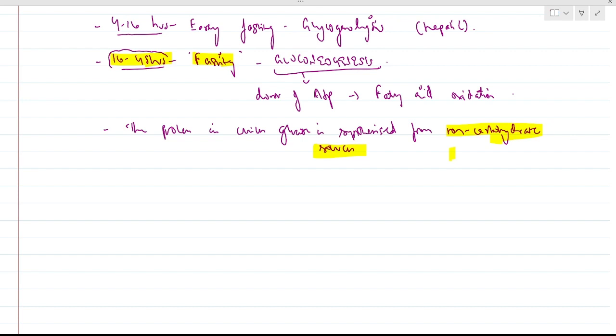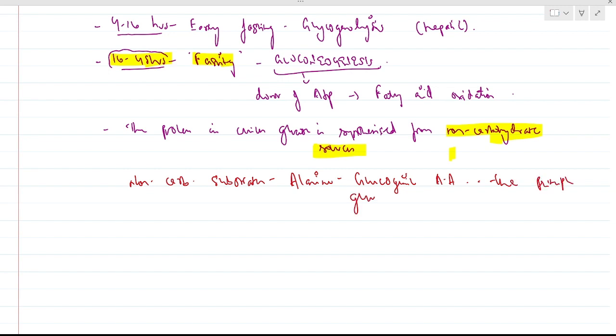Now what are the non-carbohydrate sources? Non-carbohydrate substrates or sources. First is alanine, the principal glucogenic amino acid.